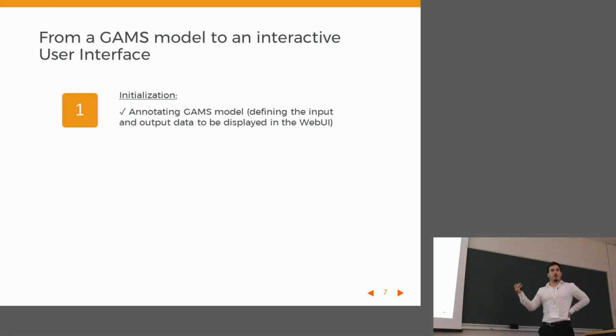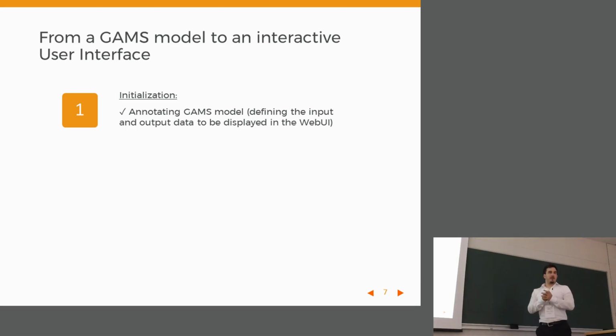That is telling the model what inputs I want to feed from the UI into the model. There can be other inputs, of course, coming from external databases or whatever, but what are the inputs that I want to receive from the UI, and what are the results that I want to display back in the UI. This is basically all you need to do, and then you, of course, need to say that you want to start your web user interface now.